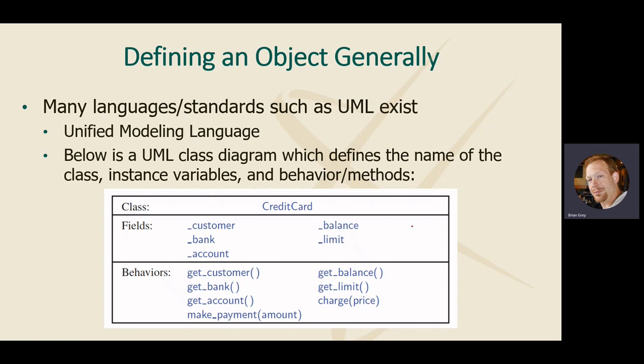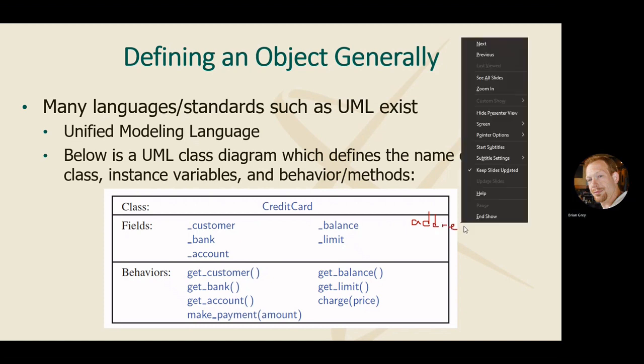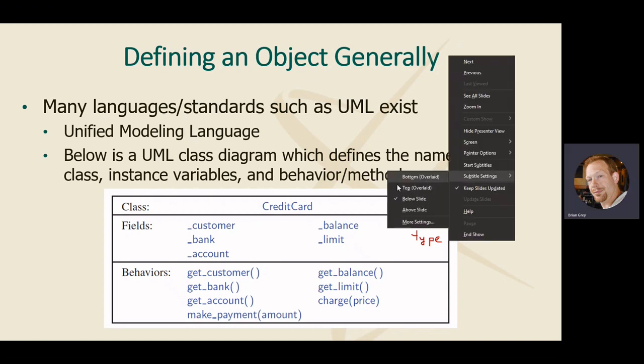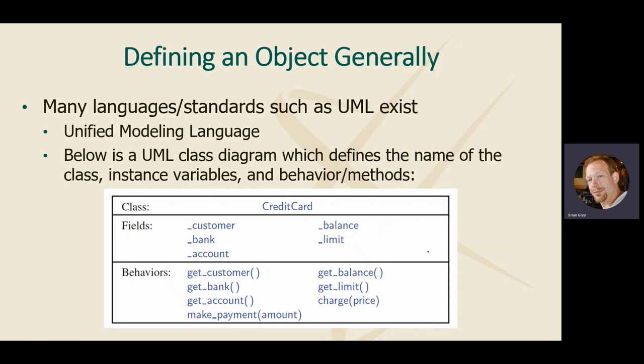You could have, right, there could be an address for the customer, a type, right, a Visa or a MasterCard separate from the bank. There could be all sorts of other things that I'm not even thinking about. So why have I not included those? Is it because I'm lazy? No, it's not because I'm lazy. I happen to be lazy, but that's a side effect.